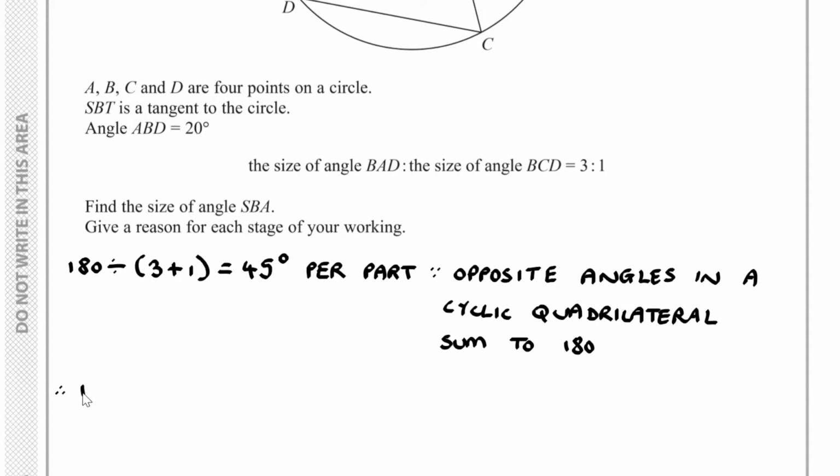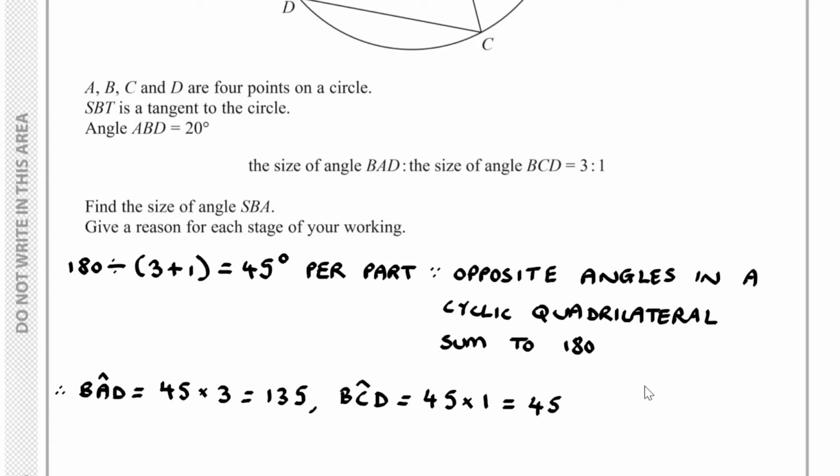And so we have BAD, which is equal to 45 times 3, which is equal to 135. And the angle BCD is equal to 45 times 1, which is 45.